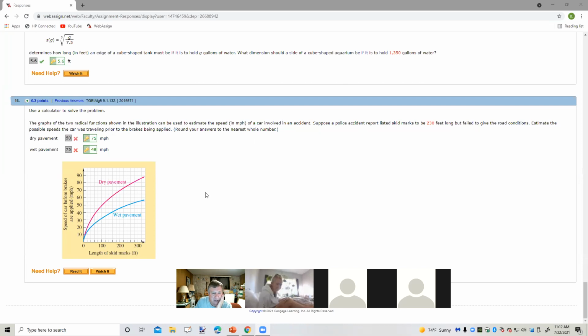Okay, so what we've got to do is down here at the bottom, we've got the scale that's the length of skid marks, okay? And it said that our skid mark was 230 feet long. So looking at this scale, if this is 200 and there's 1, 2, 3, 4, 5, each one of these hash marks would be 20, okay?